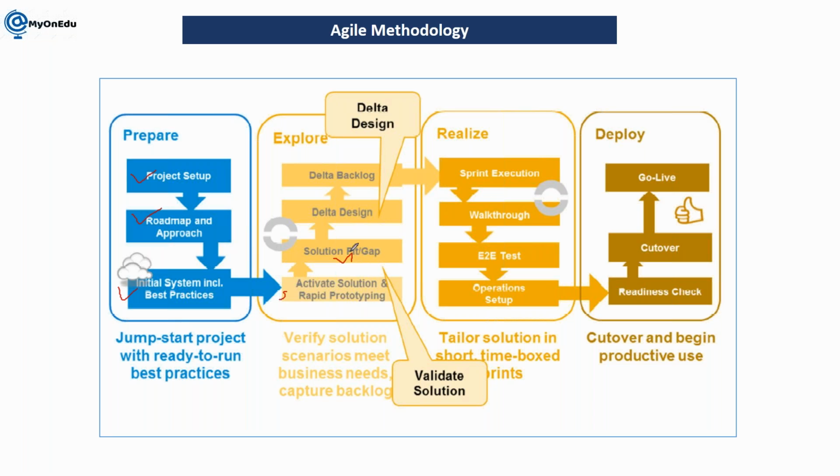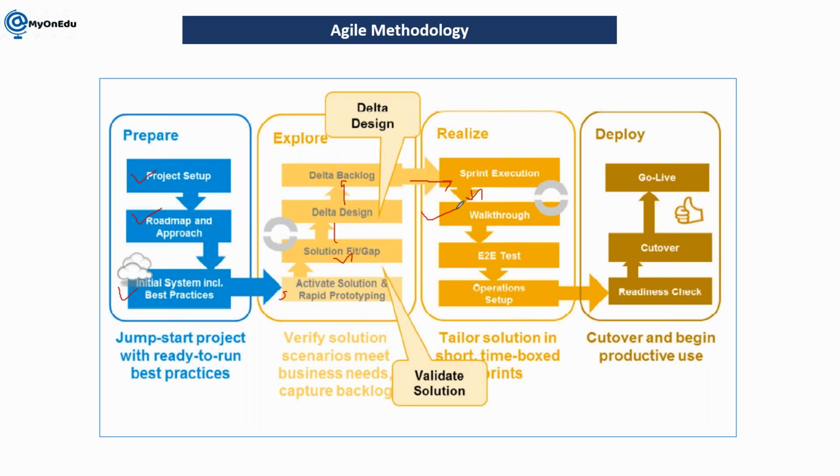Then delta design: whatever the delta is, you prepare in the system and show again. Then delta backlog: whatever the requirements are, you prepare the backlog and send it for execution. Here is sprint execution.